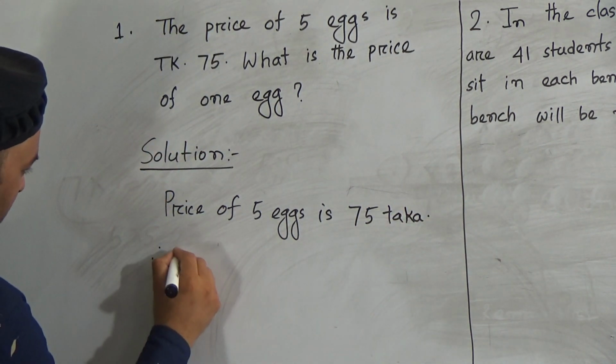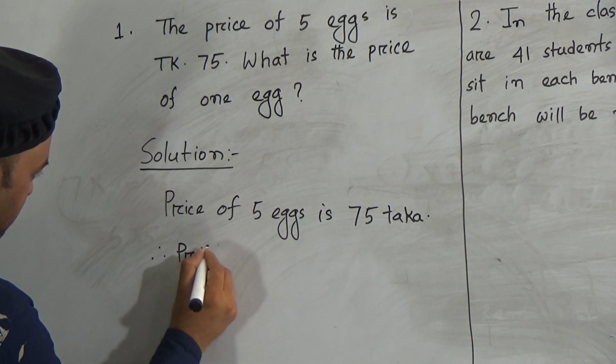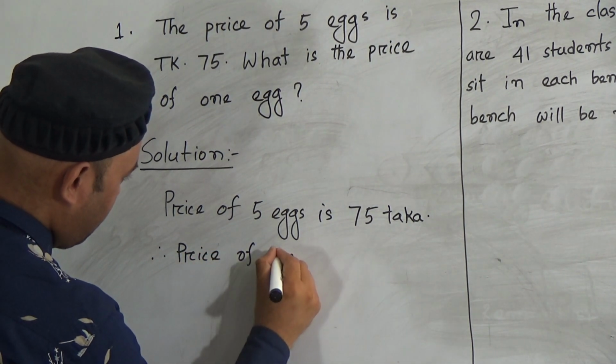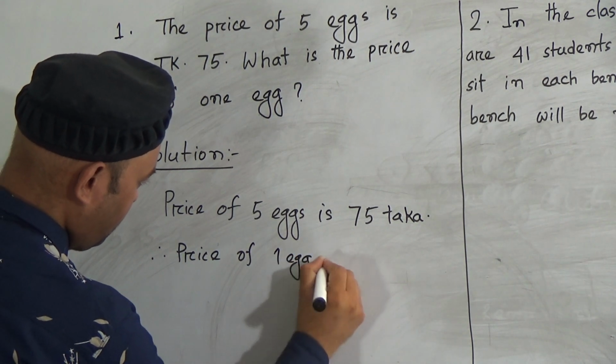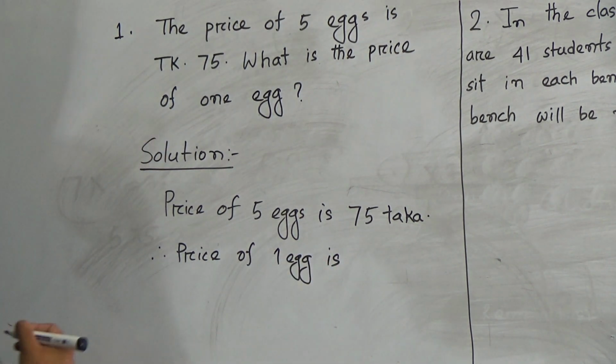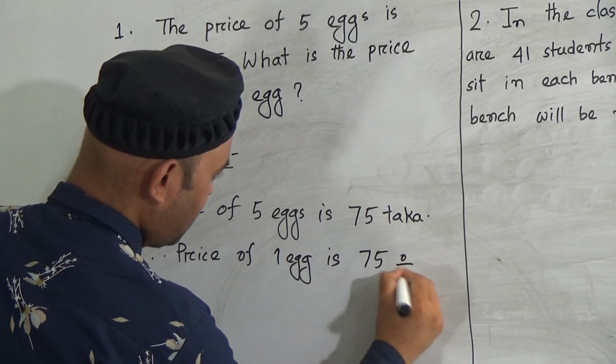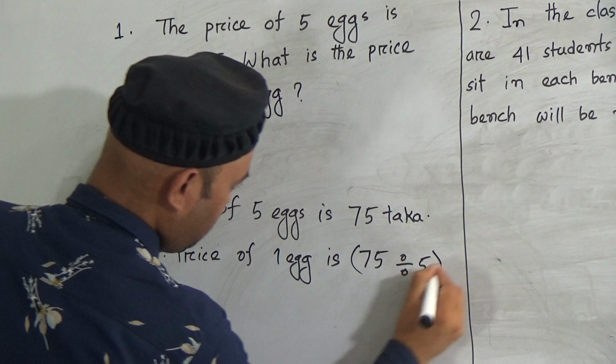Now, therefore, the price of 1 egg is, we have to divide here, 75 divide 5 taka.